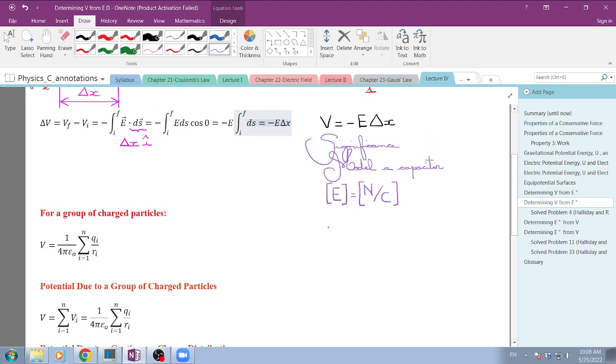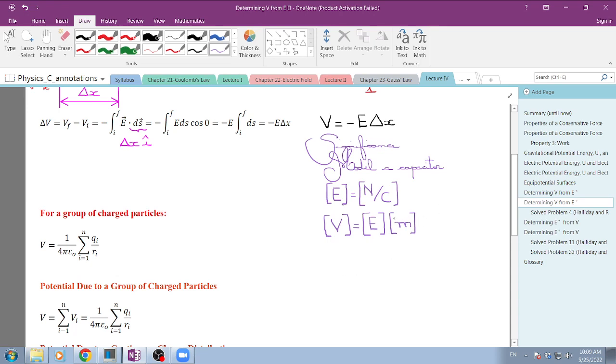So what do you do? Very easy. You can use this expression here, and we know the unit of electric potential is volts.